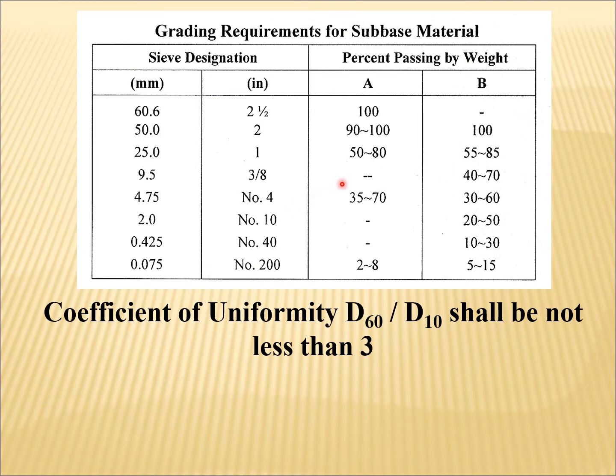So, for the subbase material, two gradings are specified, grading A and B, and here you can see that the coefficient of uniformity, that is D60 over D10, is mentioned, and it shall be not less than 3. So that is the requirement for the subbase material.